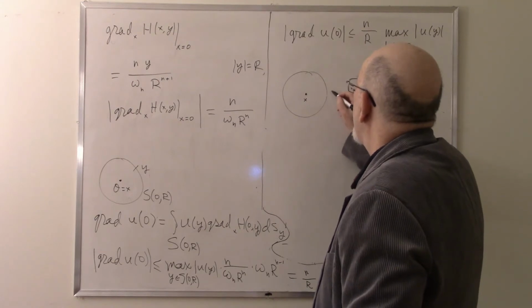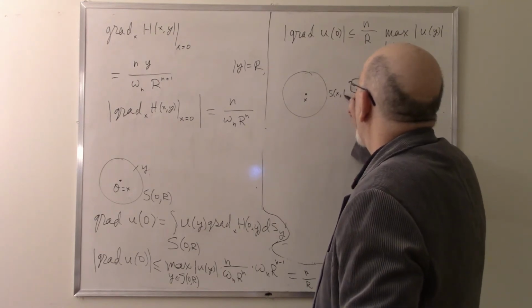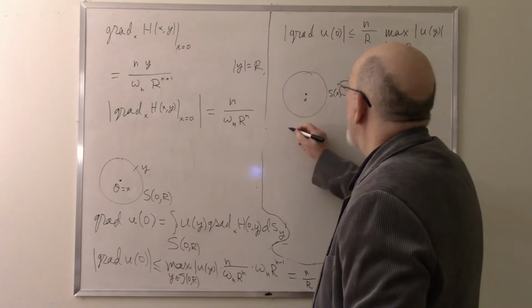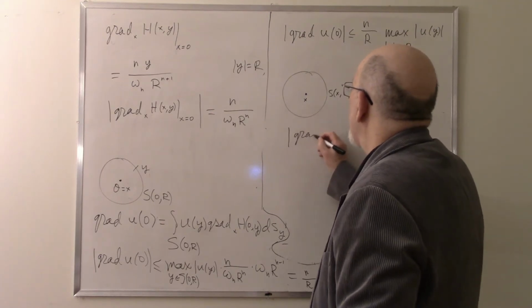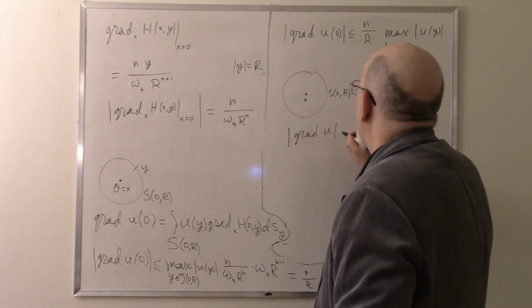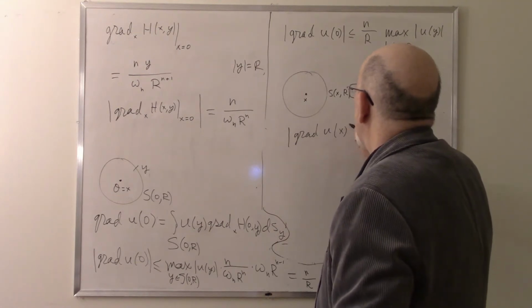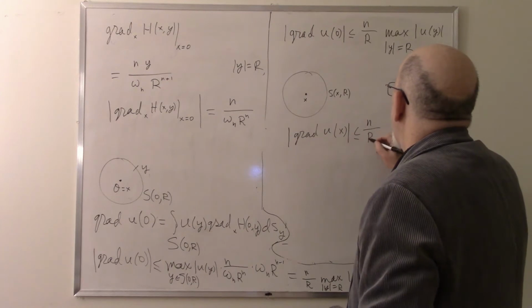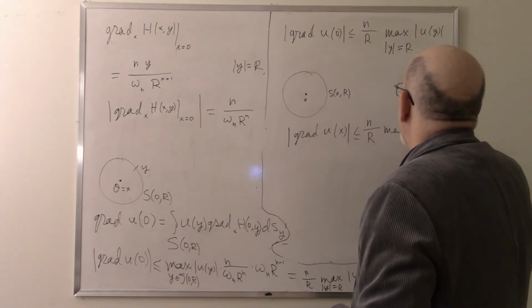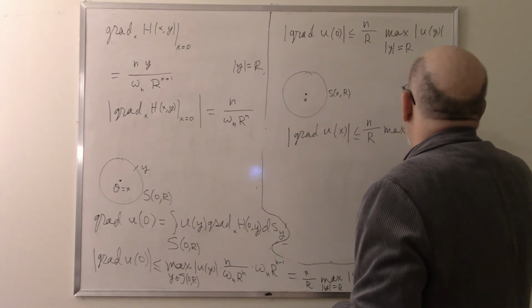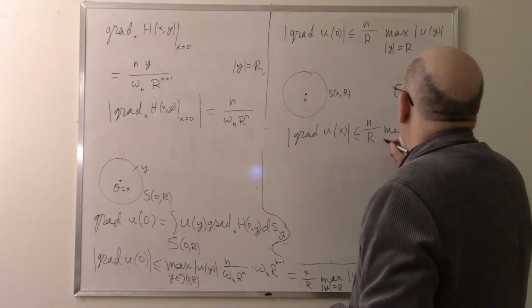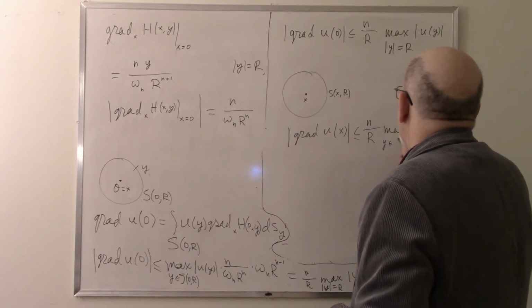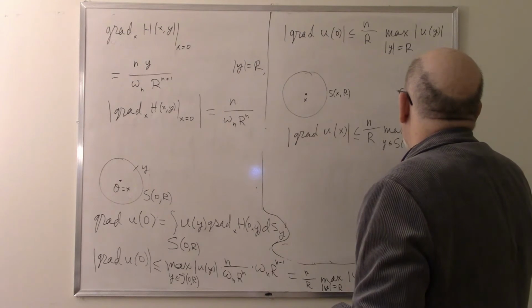This is S(x, r). And then you have the modulus of the gradient of u at the point x less or equal than n divided by r times the maximum of the modulus of u(y), y in S(x, r).